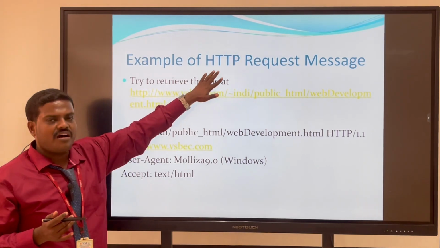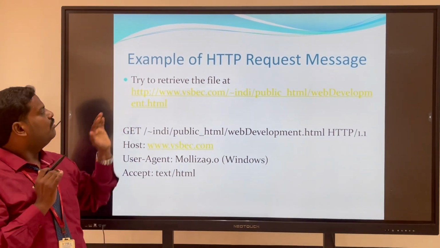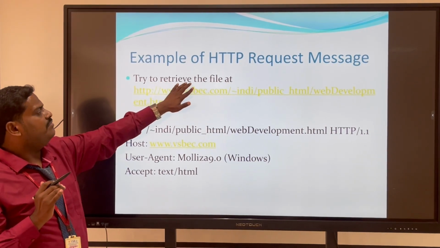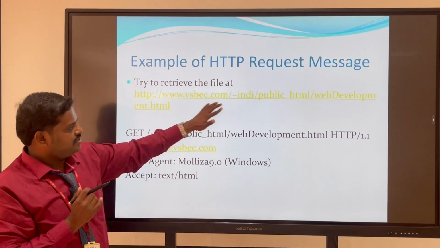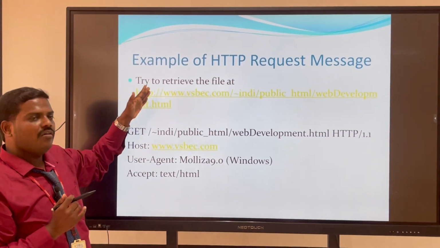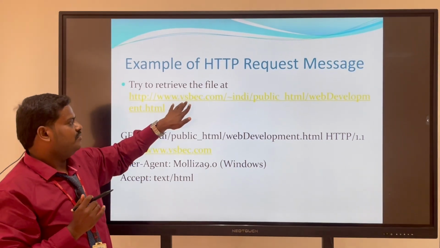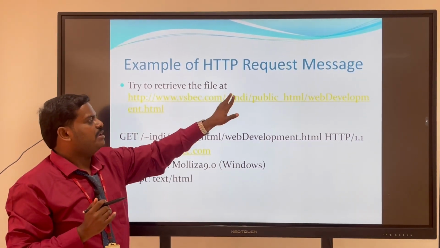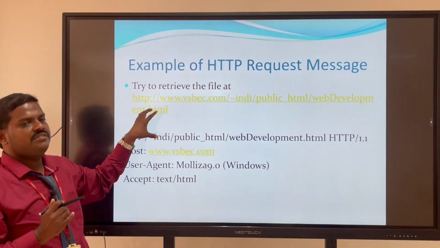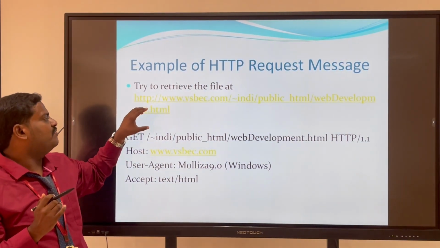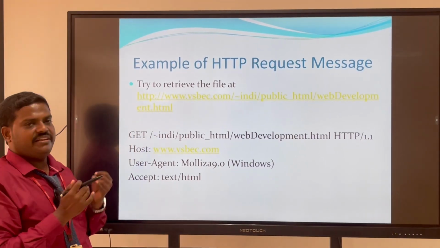Now the examples of an HTTP request message: how to retrieve a file from a particular server. This is a simple example we are considering. I am using my URL link http://www.vsbec.com/. The page type is HTML, mainly a text page.